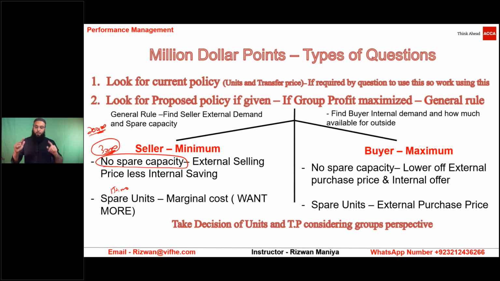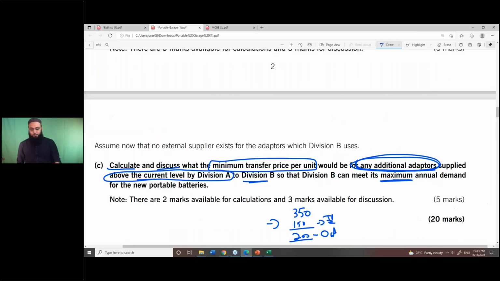Yes. So if you exceed, this means external selling price of 15 minus internal saving of 1, and that's 14. The general rule. Those 30 are not spare units, so the minimum is 14. So the answer of minimum is 14.